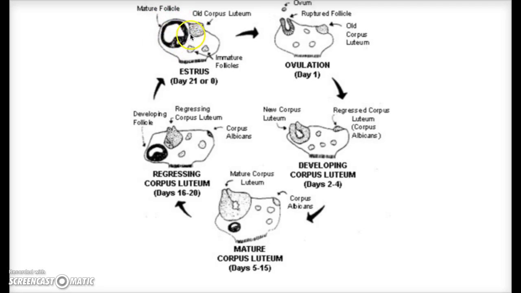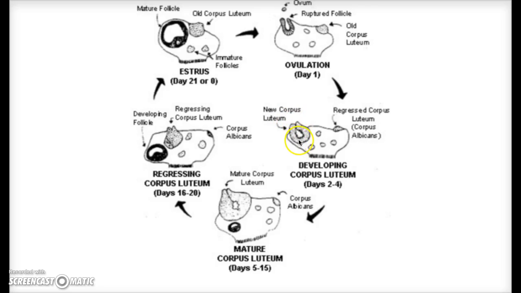As the follicle matures, it reaches a point where it bursts and the ovum is released, and you see that happening here. Here's the ovum, and what's left behind is a whole collection of cells that are secreting hormones, and the hormones that are secreted are going to change over time. Over time also, those cells grow and become much bigger and secrete hormones, and then it becomes known as a corpus luteum.